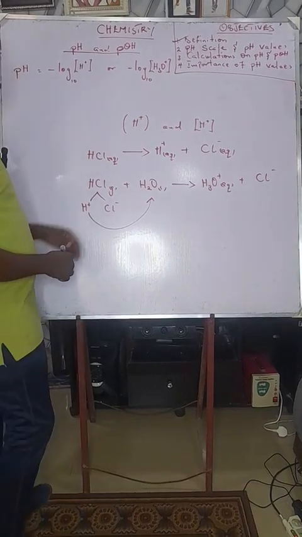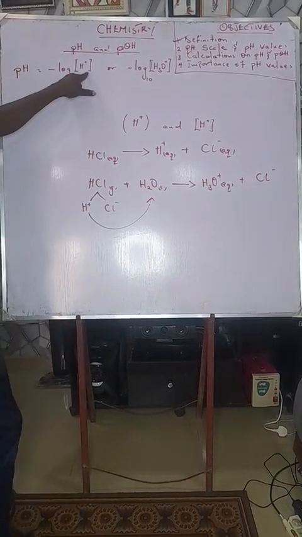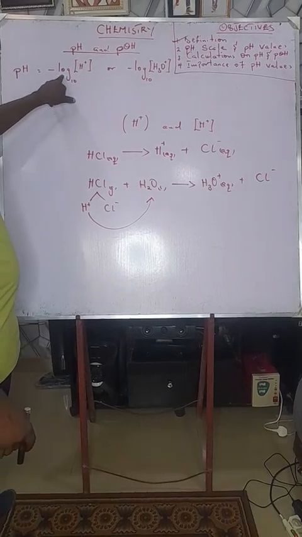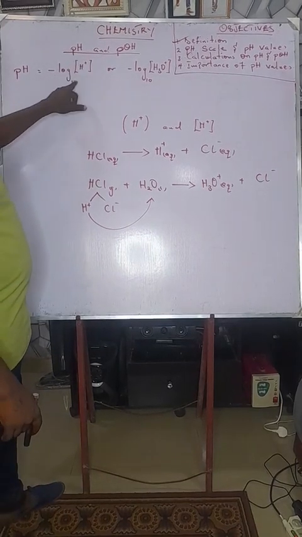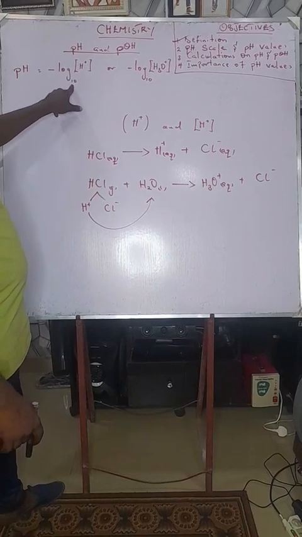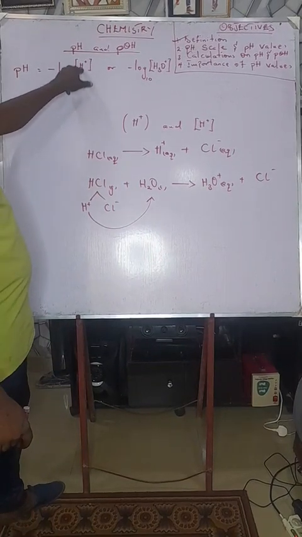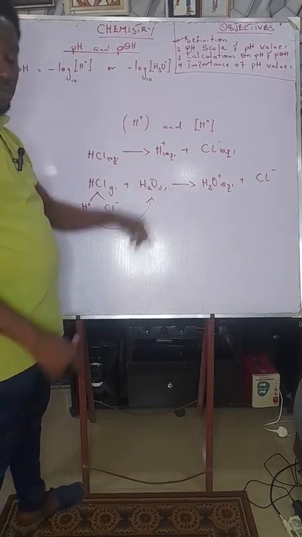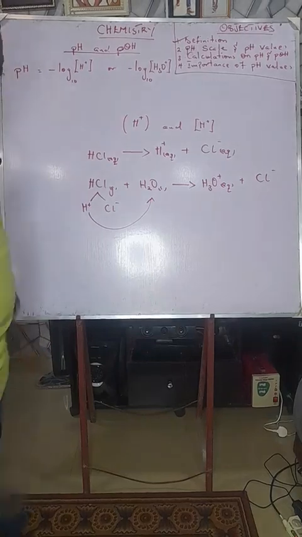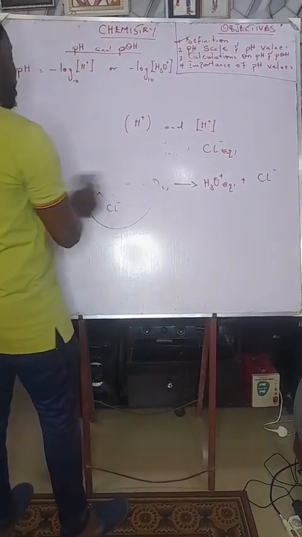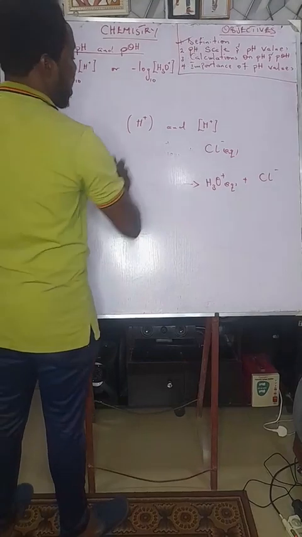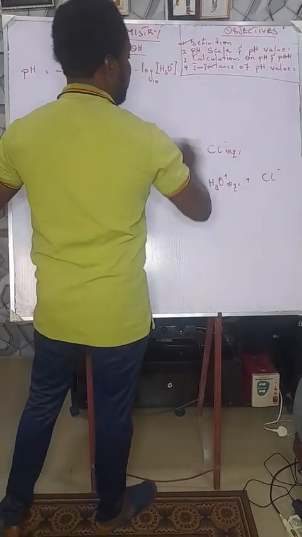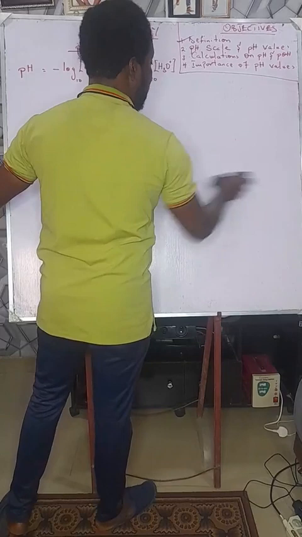So now, looking at this, pH equals the negative logarithm of H plus concentration to base 10, or the negative logarithm of hydronium ion concentration to base 10. Then there was a time I was checking through past questions. They asked, which of the following accurately defines or is the formula of pH?